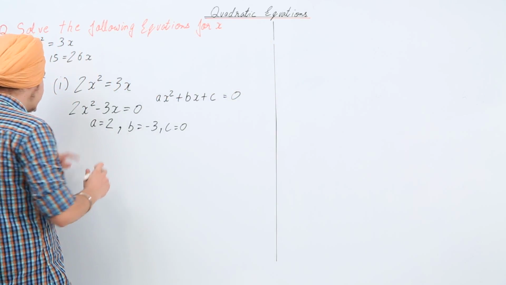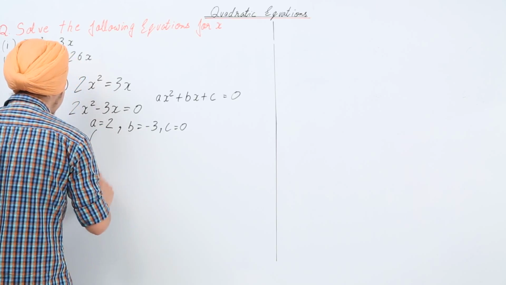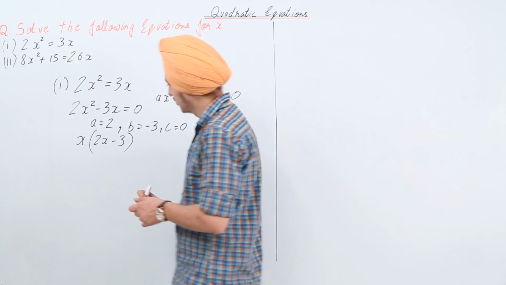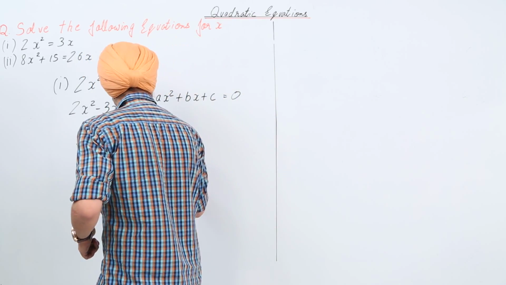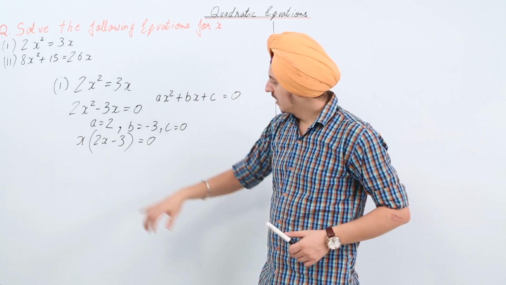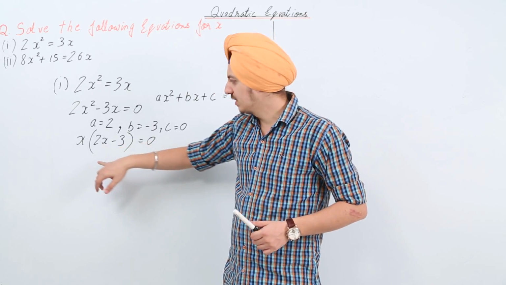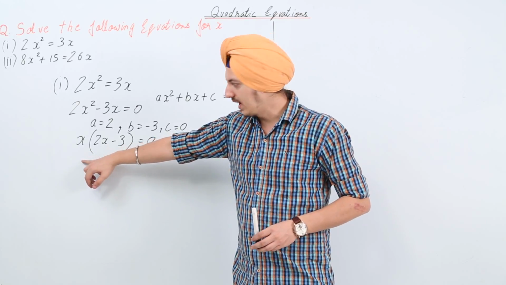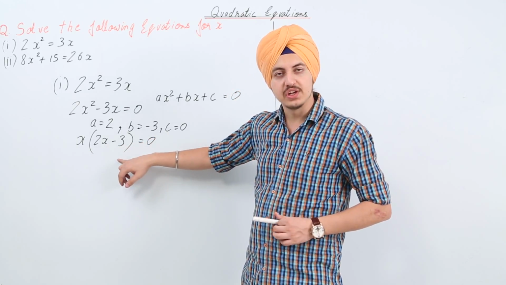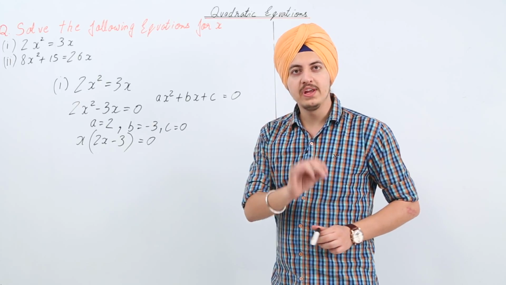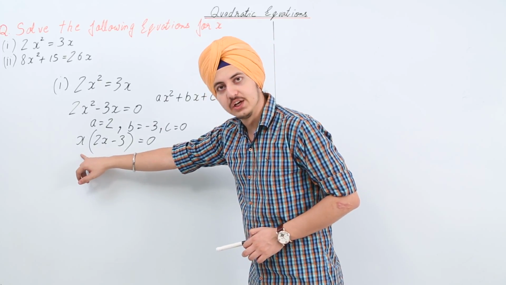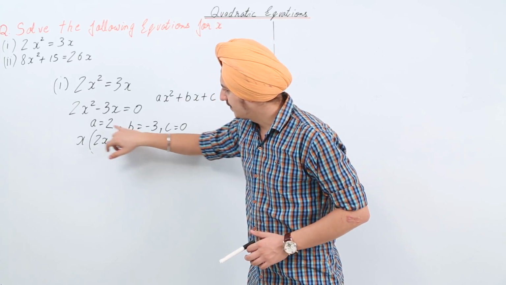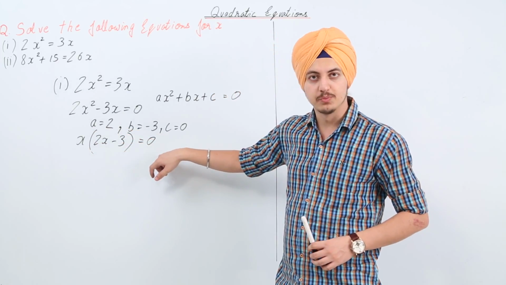We take x common, this becomes x times 2x minus 3 equal to 0. Now this says x minus 0 and 2x minus 3 equal to 0. X minus 0 is x, so x and 2x minus 3 equal to 0. If x is equal to 0, this term will come out to be 0, or if this whole bracket becomes 0, then this term will again come out to be 0.